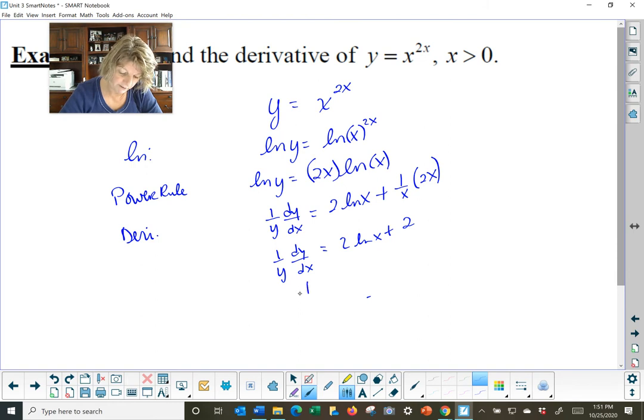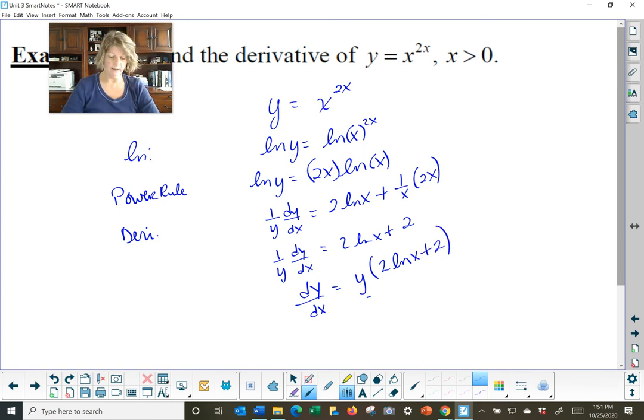I don't need to be fancy. Let's go dy dx equals multiply by a y. And we'll have 2 natural log x plus 2. If you want to replace y, you definitely could. x to the 2x times 2 natural log x plus 2. I missed writing a 2 there, sorry. And there's our answer.